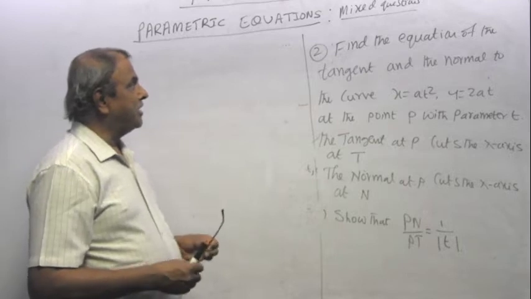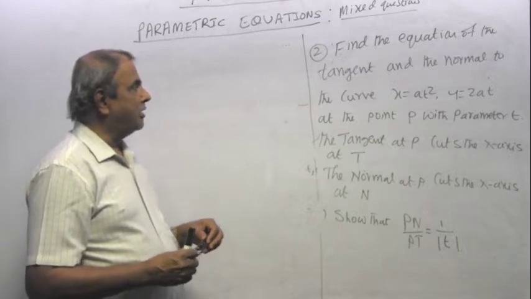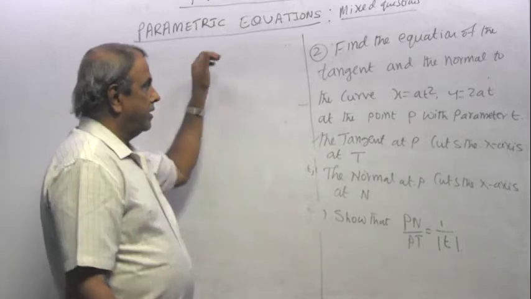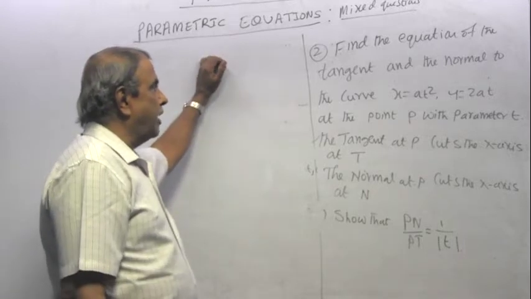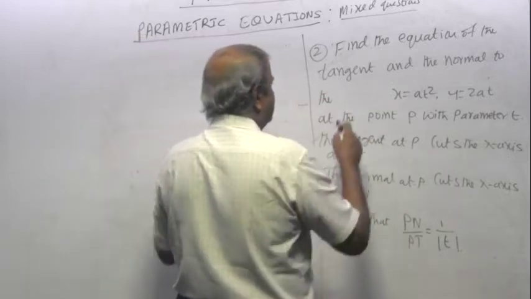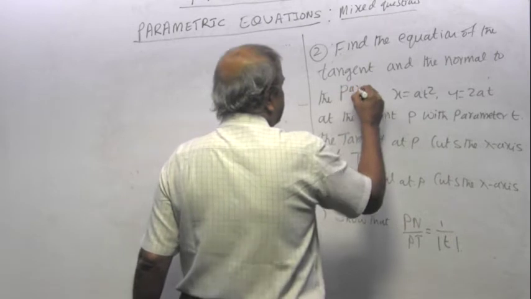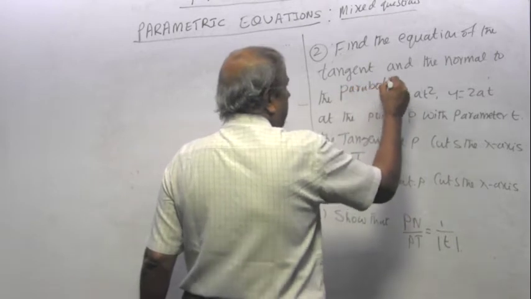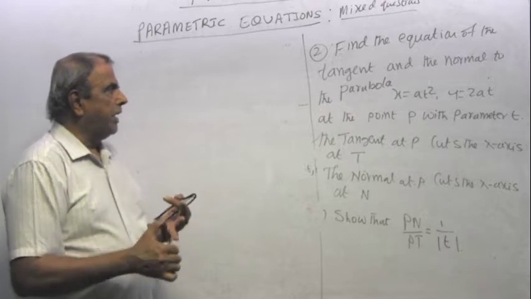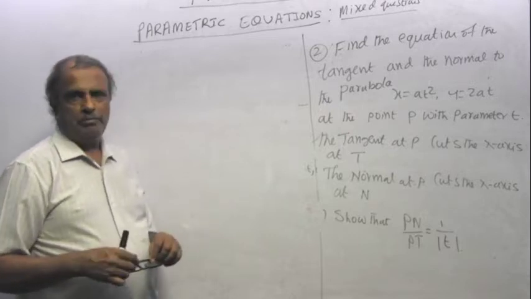Find the equation of the tangent and the normal to the curve. I will change it to the parabola, x equal to at squared, y equal to 2at, at the point P with parameter t.